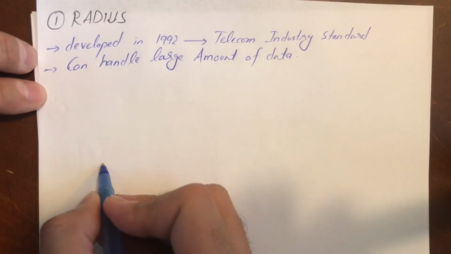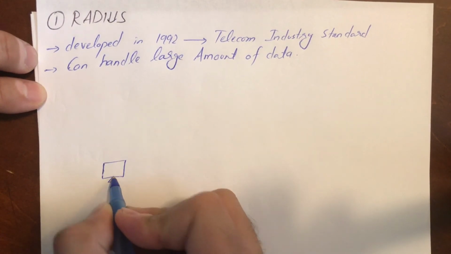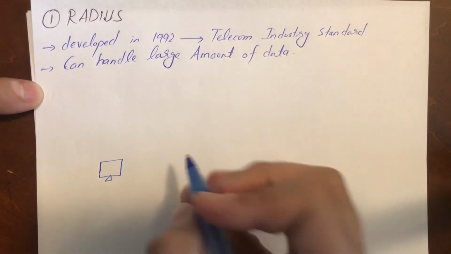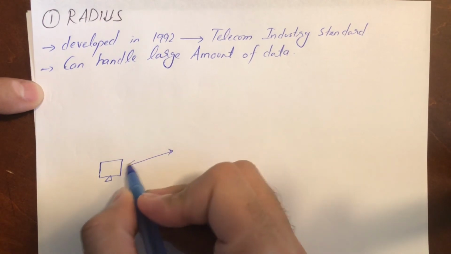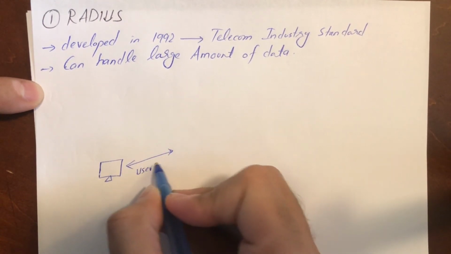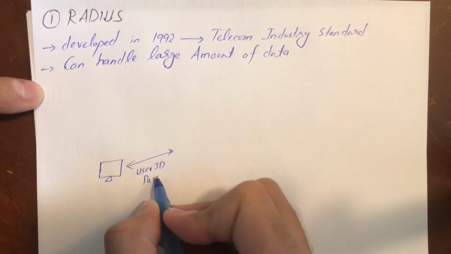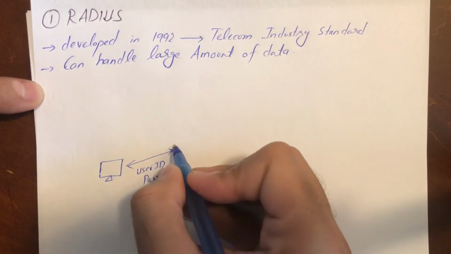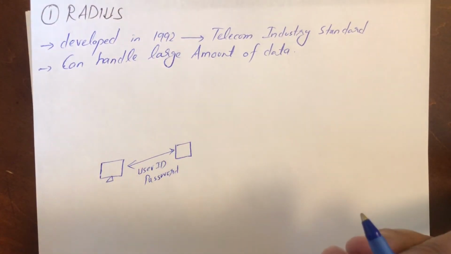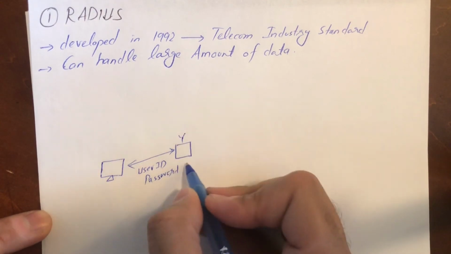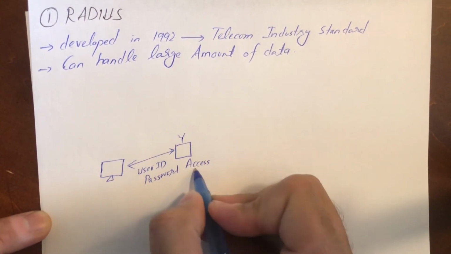For example, let me give you a basic idea how Radius actually works. Let's say this is the user, and the user wants to access the internet or some resources. The user will send their user ID and password to the AAA server, the Radius server, through an access point. Let's say this is the access point router.